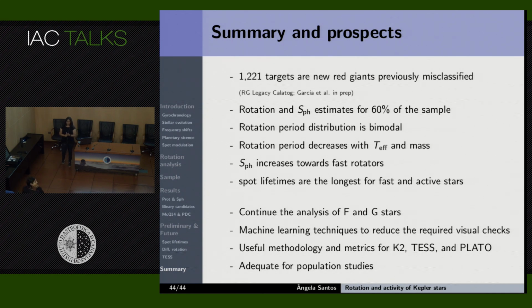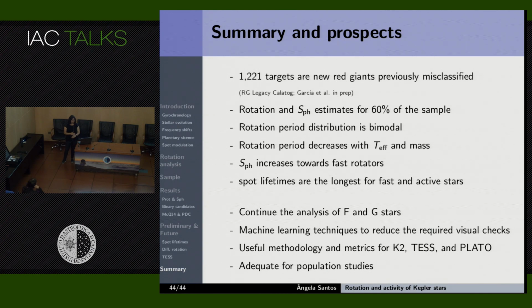You've been using 1400 days of data from Kepler, so the longest period you can figure out is about a few hundred days. How far can you go into the red giant regions, where rotation periods are even longer? You have few samples of rotation with your technique, I mean.